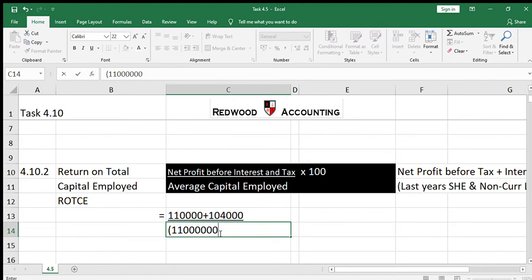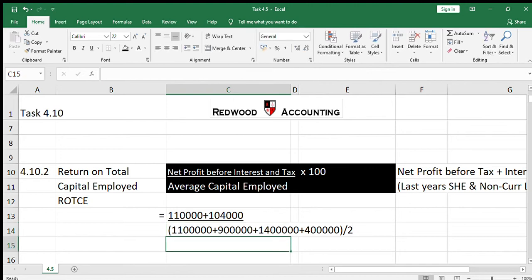So shareholders' equity for 20.2, 1.1 million, plus the loan in 20.2, 900,000. And then we add the shareholders' equity of 1.4 million for 20.3, plus the non-current liability of 400,000 in 20.3. We add all of that up and divide by 2.